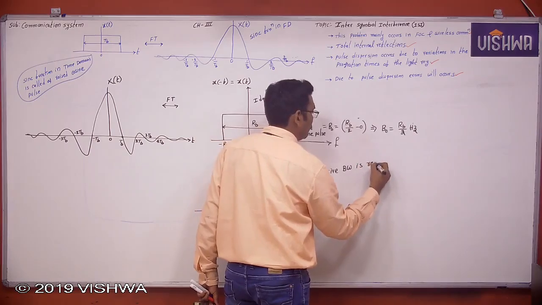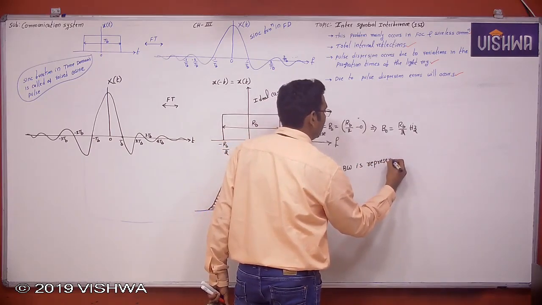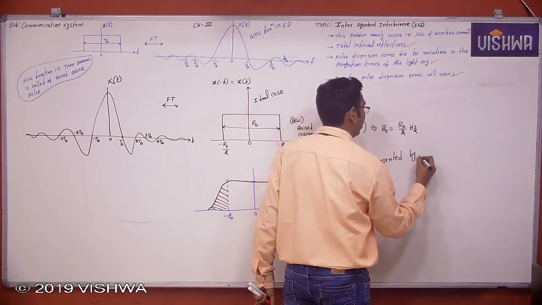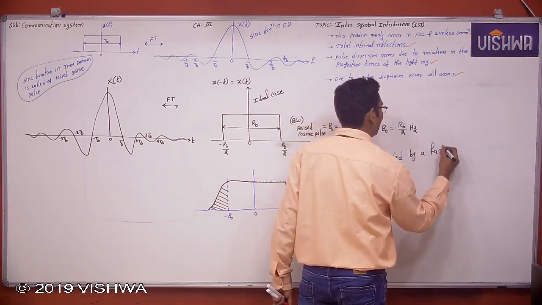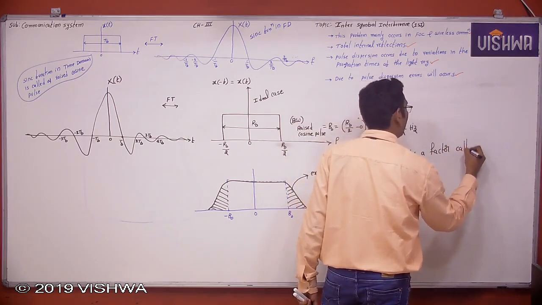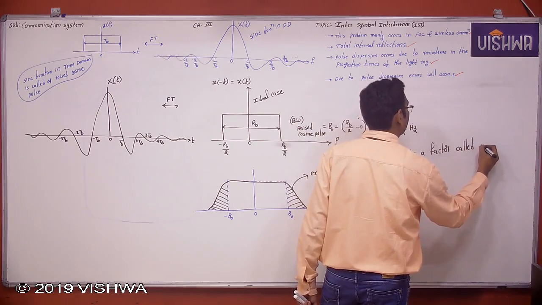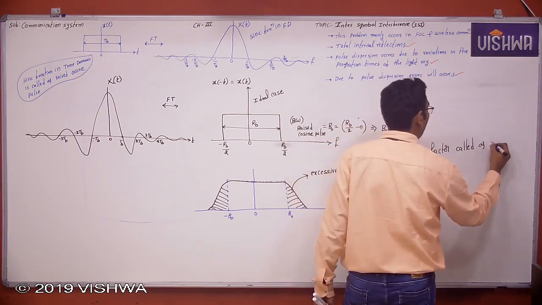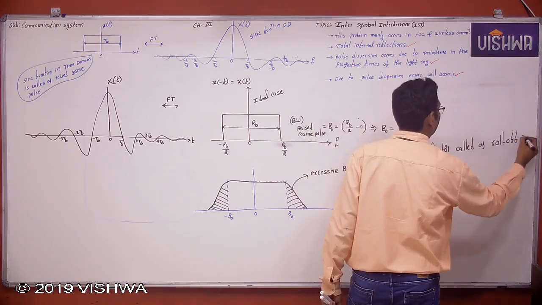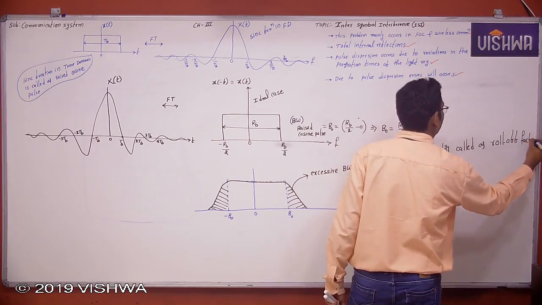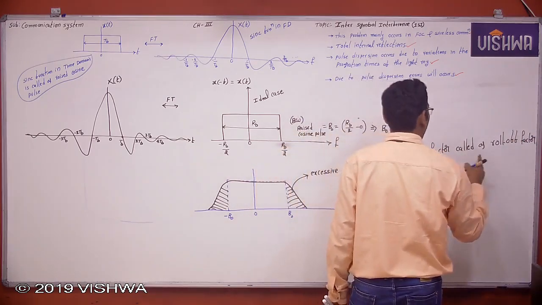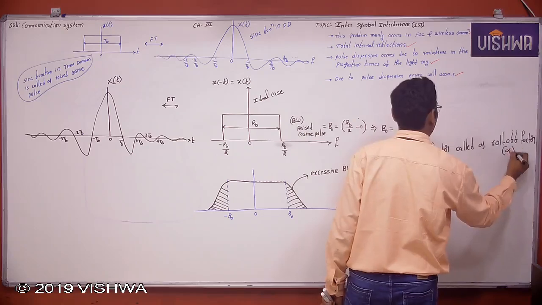Now see here, this excessive bandwidth is represented by a factor called the roll-off factor alpha.